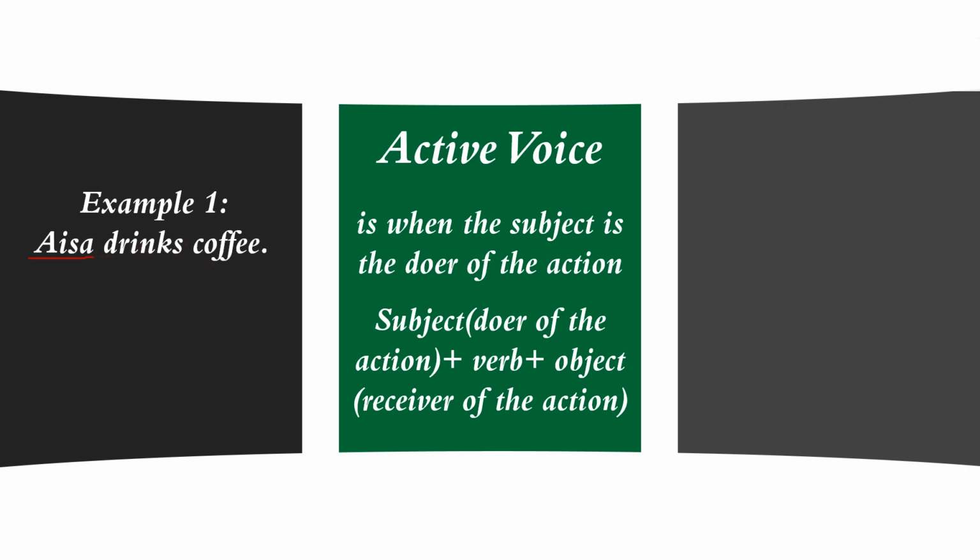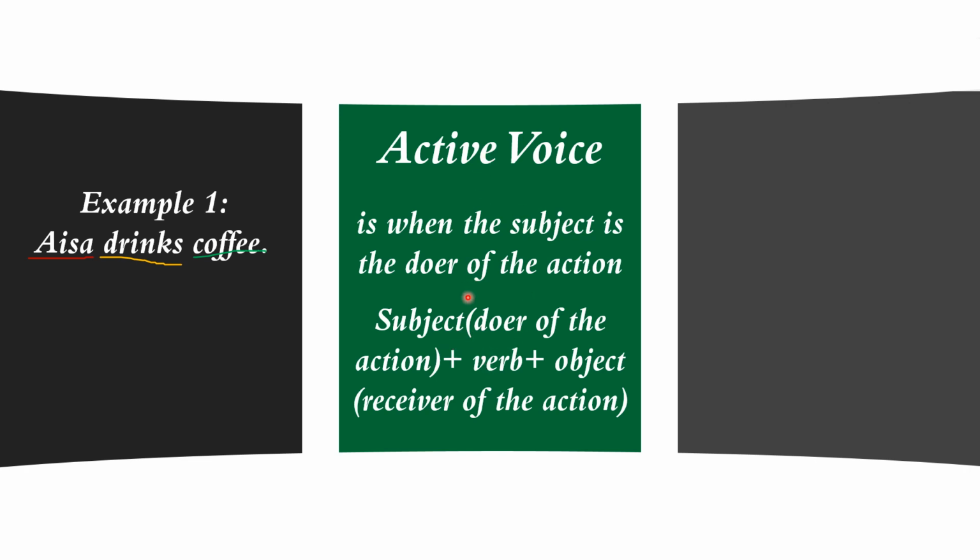Drinks is a verb. This is the action being done by the subject. Now, the last part of the formula and of the sentence is the object or the receiver of the action. What is being drunk? Coffee. Therefore, the object or the receiver of the action is coffee.